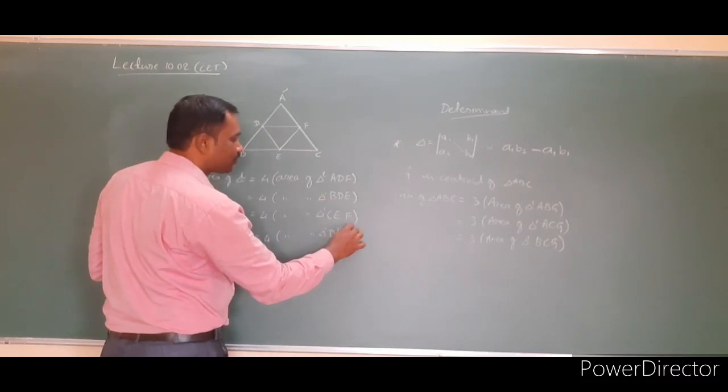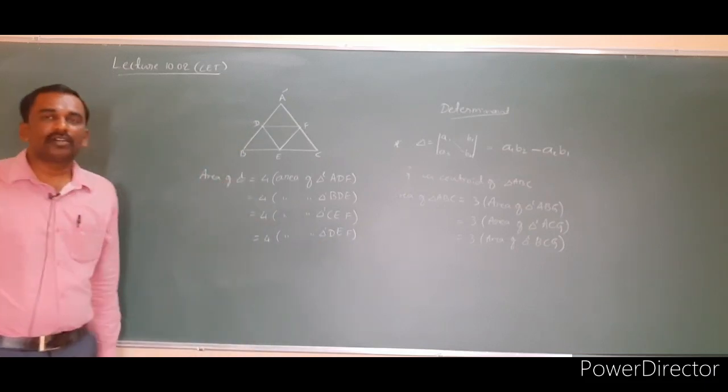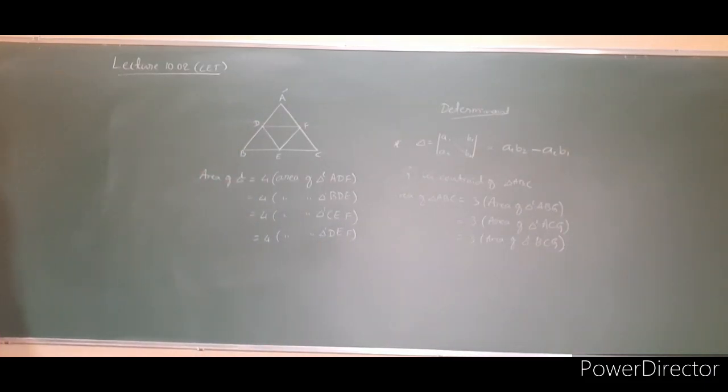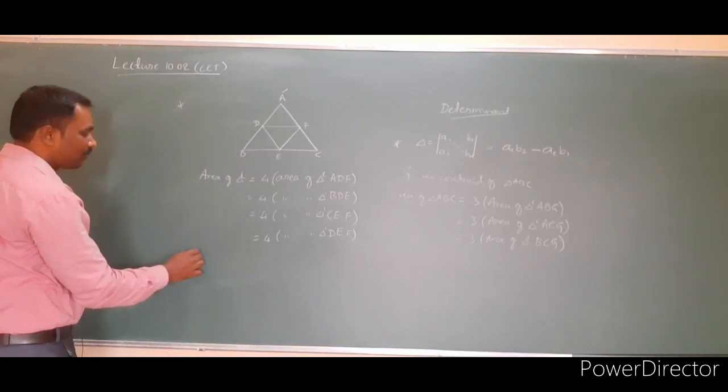This is how there are 4 possibilities whenever the midpoints of all the sides are given.